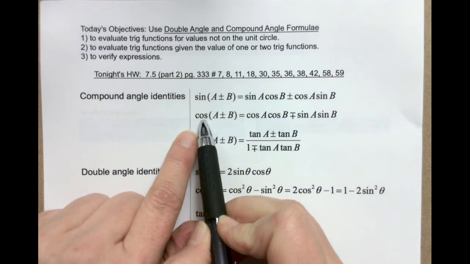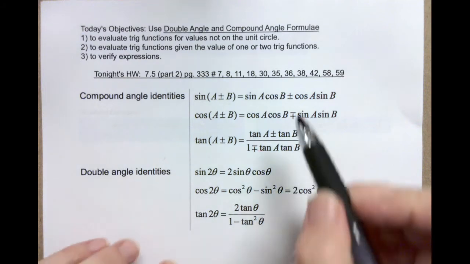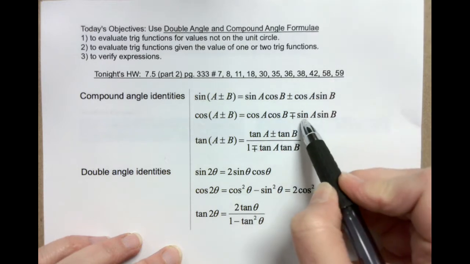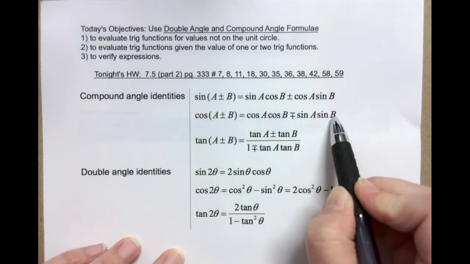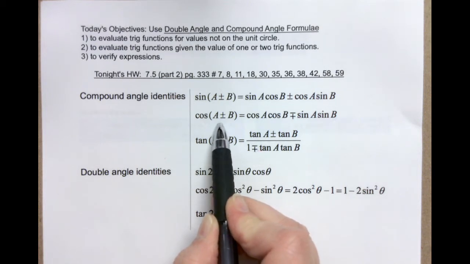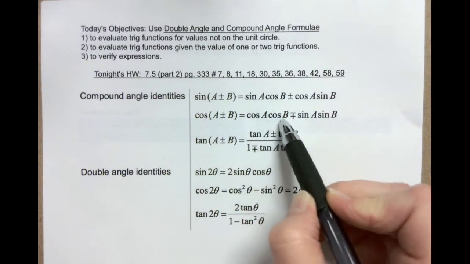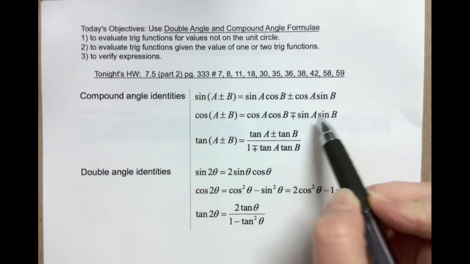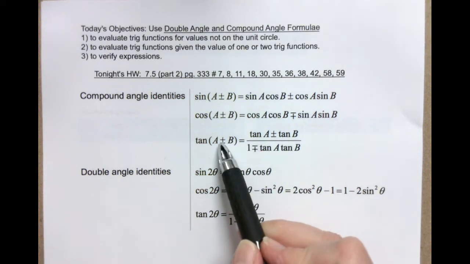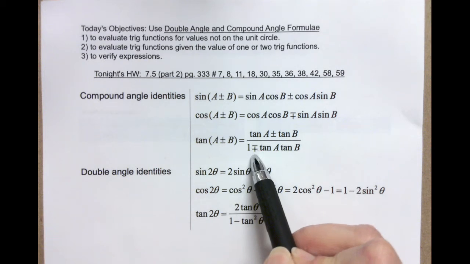Cosine of the angle A plus B will be cosine A times cosine B minus sine of A sine of B. Now, if you are doing the difference of two angles, then cosine of A minus B is cosine A cosine B plus sine of A sine of B. So that is the reason, and so same here, if we're adding, then up here it's addition, but down here it's subtraction.